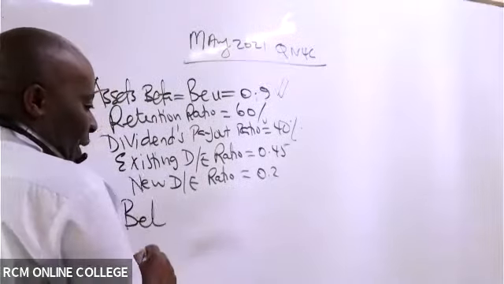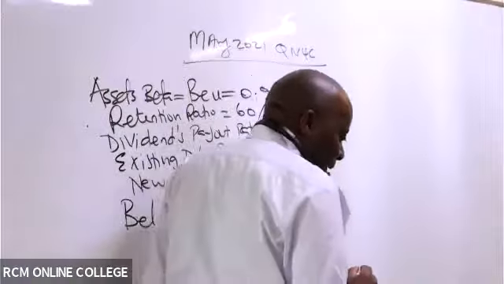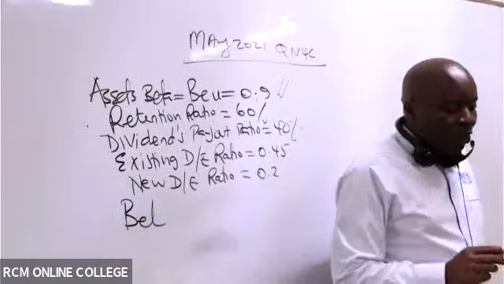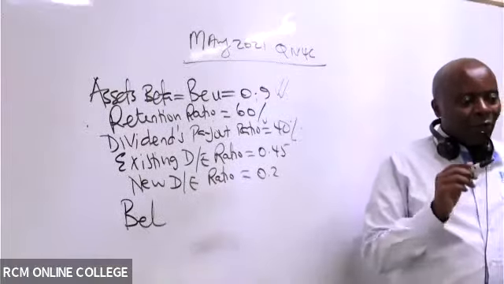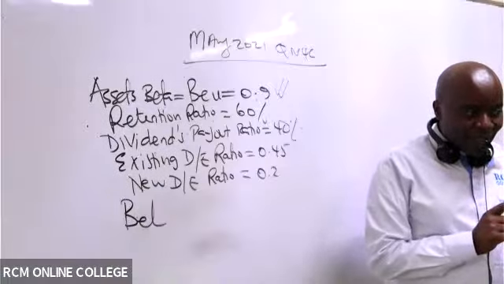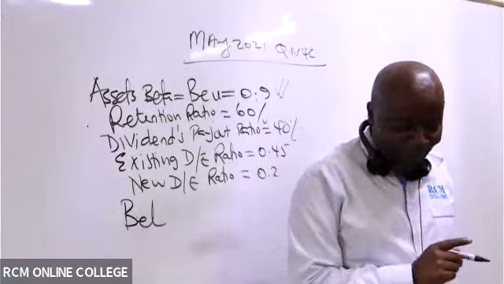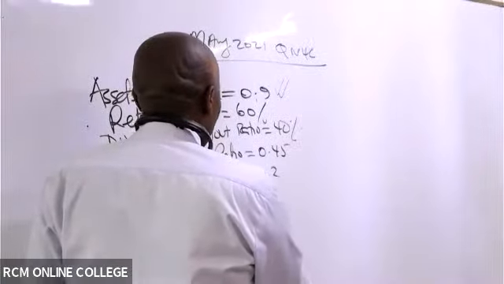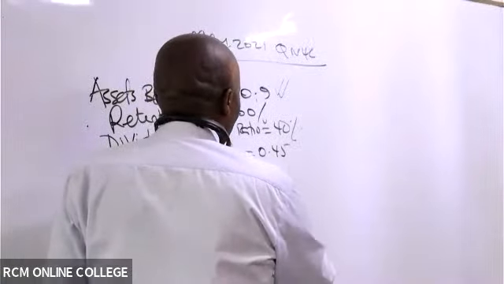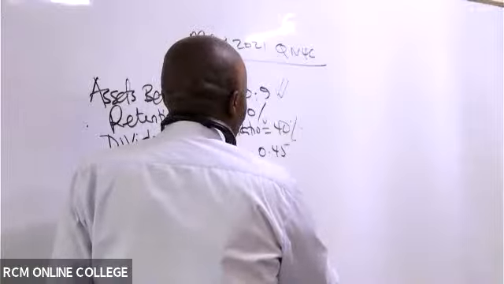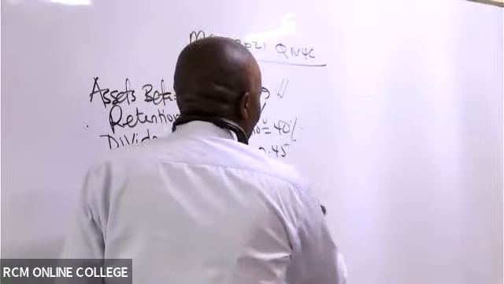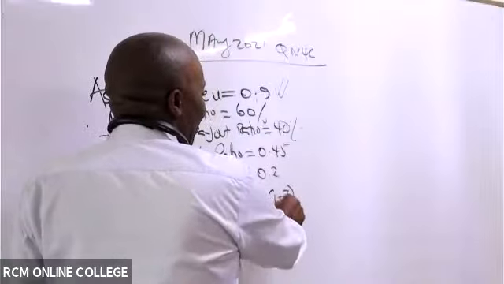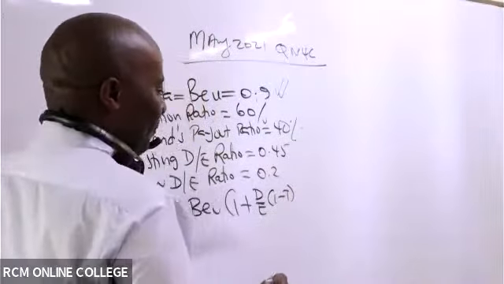BEL is the beta equity of a levered firm. Are you able to remember the formula? It is BEU times 1 plus debt over equity, and it has to be taxed, so you multiply by 1 minus tax.